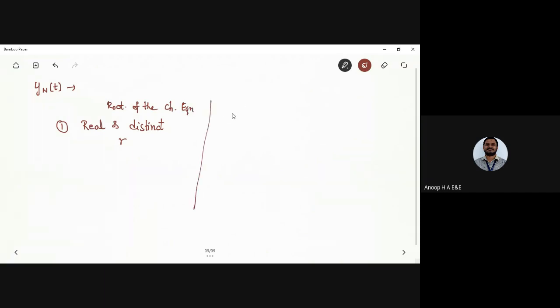Next, the form of natural response is k e power rt. What is the second case? We have roots which are complex in nature and also conjugate. What do you mean by conjugate?